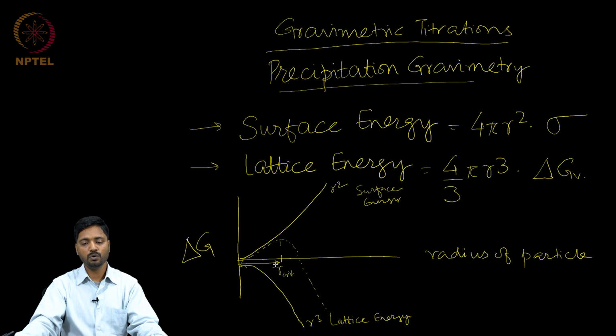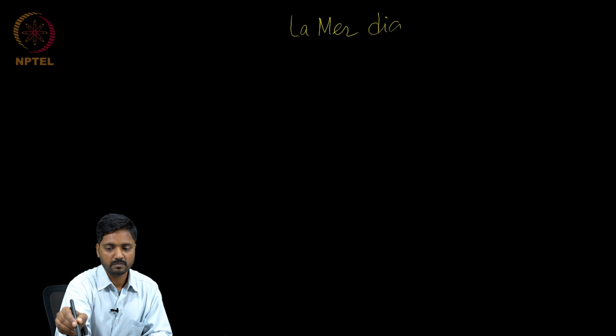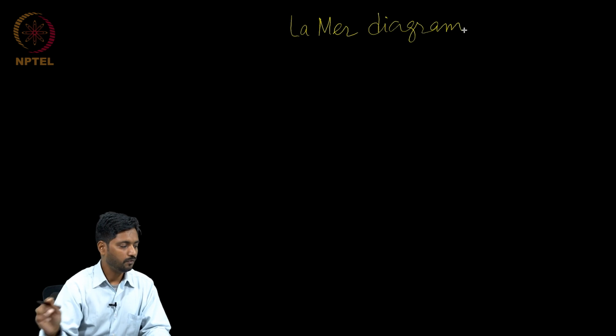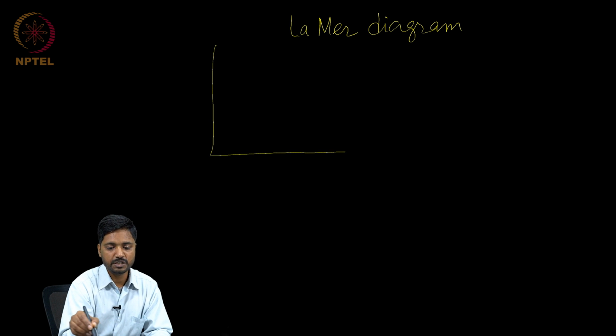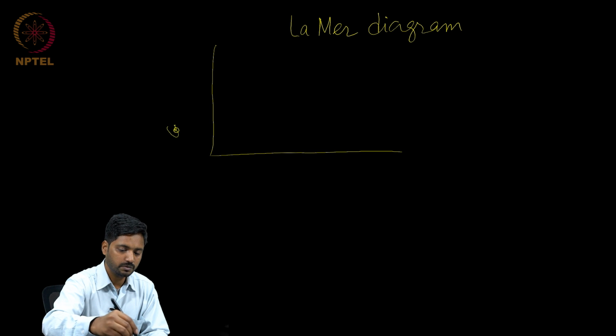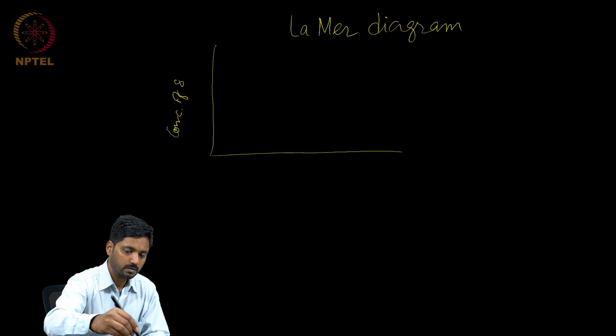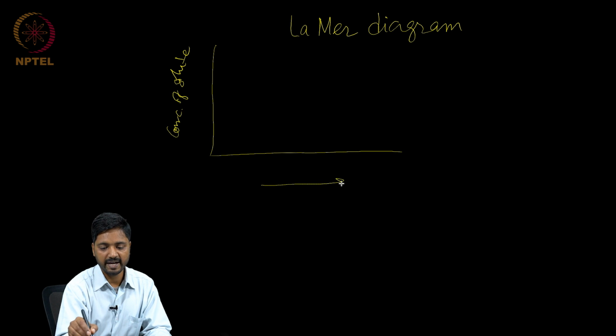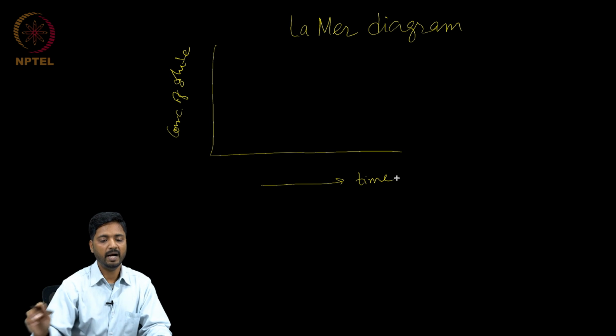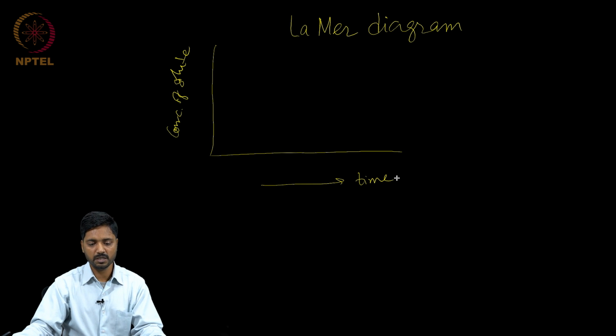growth phase. This concept is also very nicely explained by the LaMer diagram, which essentially plots the change in the concentration of solute versus time, so this is the change in the solute which is undergoing precipitation.